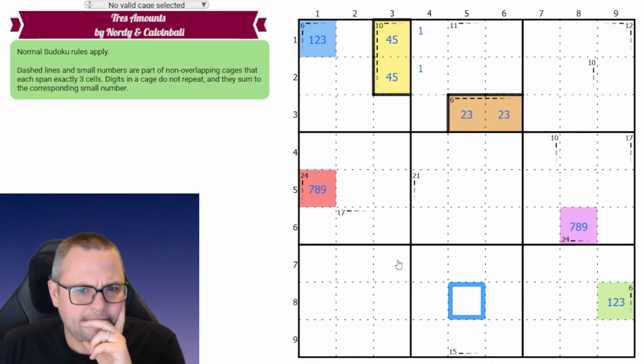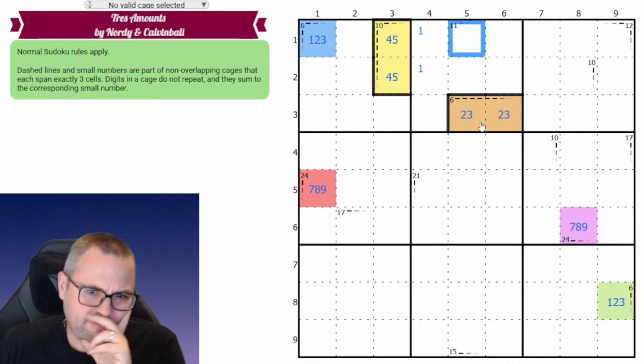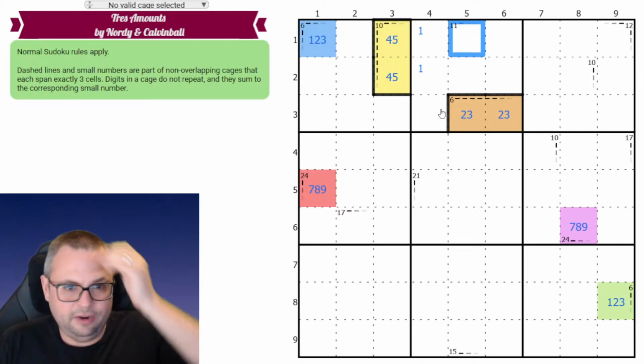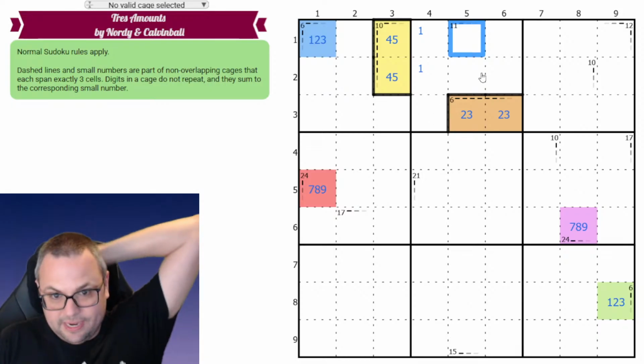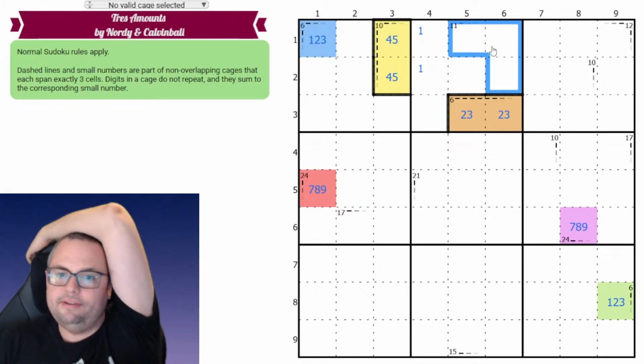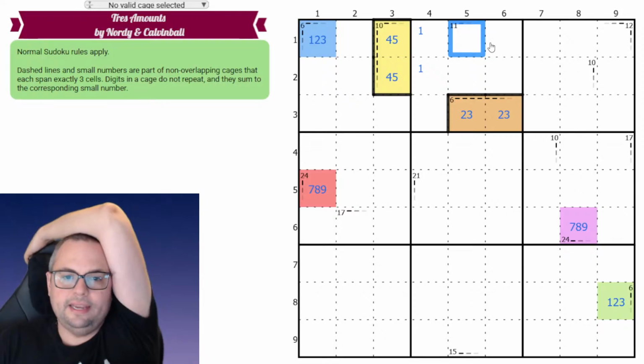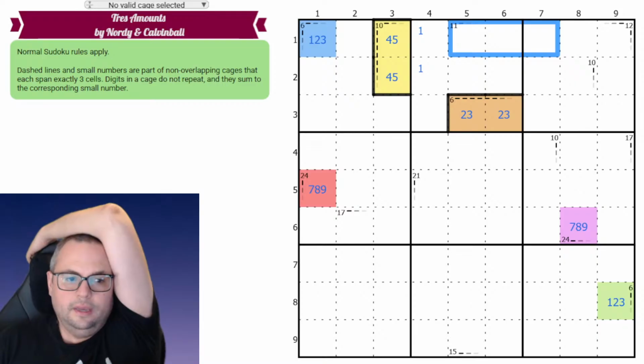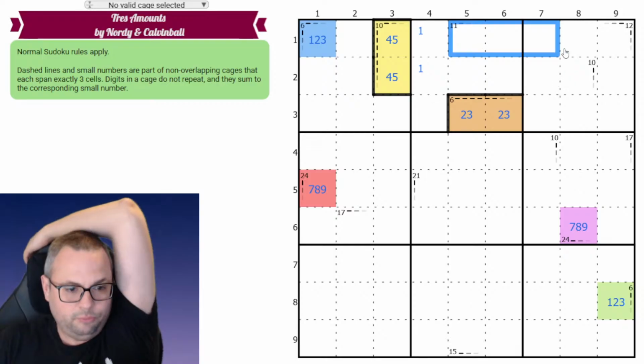Let's see. So now my 11 cage is getting quite contested, because I can't put 3 cells in my 11 cage in here anymore. So the 11 cage has to get out. So I think the 11 cage just has to come over here and be done, because if the 11 cage doesn't get out of this box, it's just way too big.